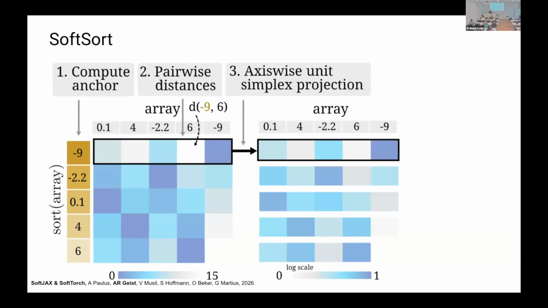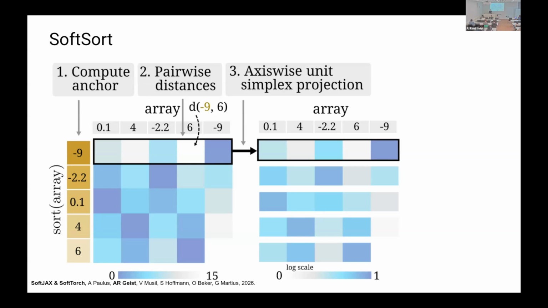Then you take one row of the pairwise distances and apply an axis-wise unit simplex projection, for example SoftMax. In turn, you get a probability distribution over indices: what is the probability of each of these array elements to be the first entry in the sorted array? This already would be the output of argsort.